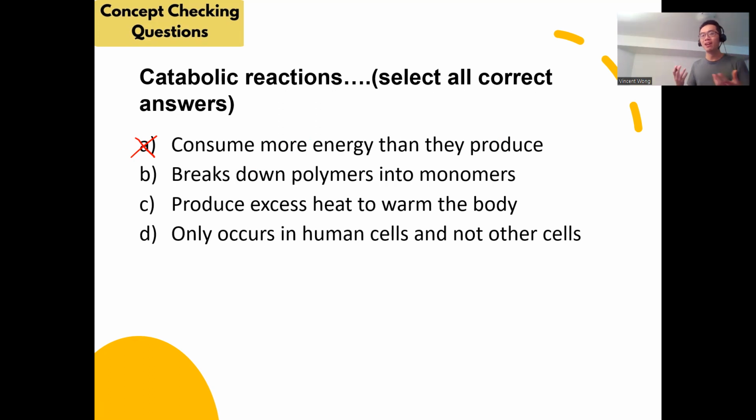You would be losing energy from eating. So that's not true. Breaks down polymers into monomers. Yeah, that's essentially what breaking down means. Produces excess heat to warm the body. It was in the diagram. And of course, it happens in other organisms as well, not just human cells.